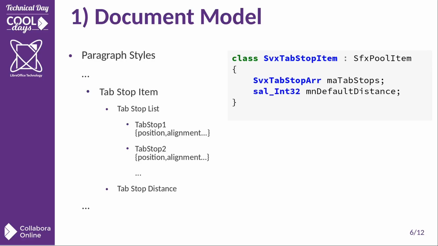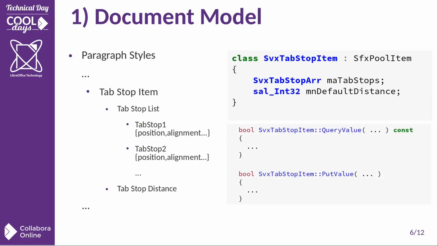Accessing paragraph scope tab stop distance was already only going to be needed where there was an access to tab stop lists anyway. So bundling these together was also going to make plumbing information later quite easier too. Also, the tab stop item's QueryValue and PutValue implementations were adjusted to finish up the document model related bits. With that in place, it is now time to alter the behavior.